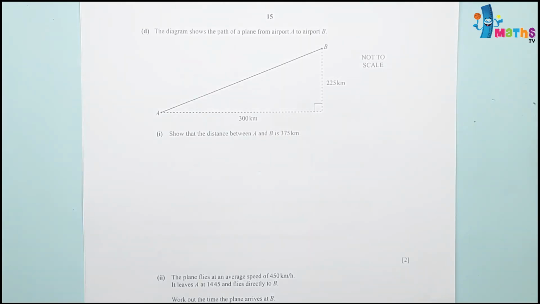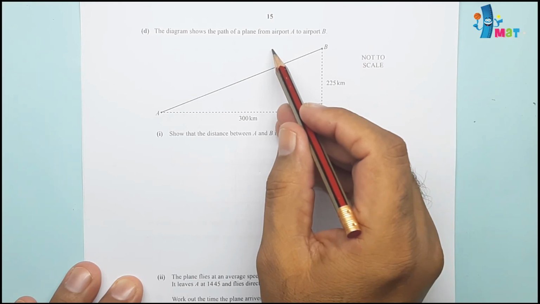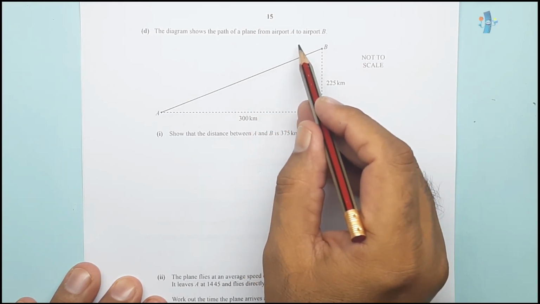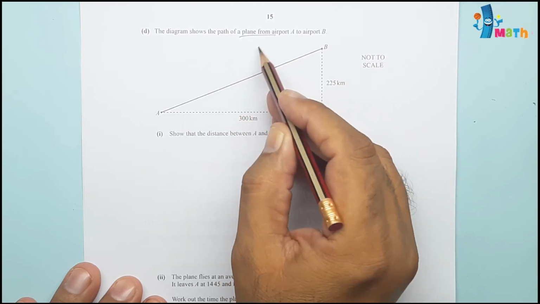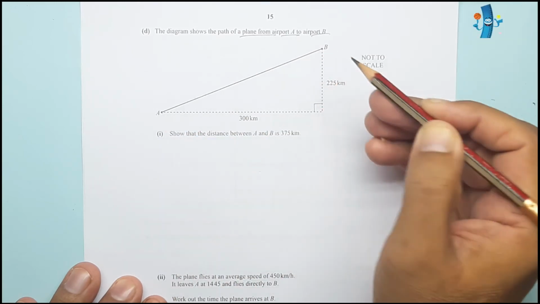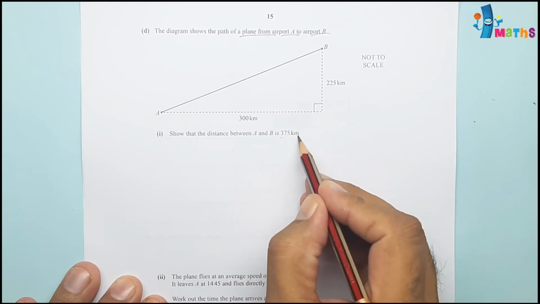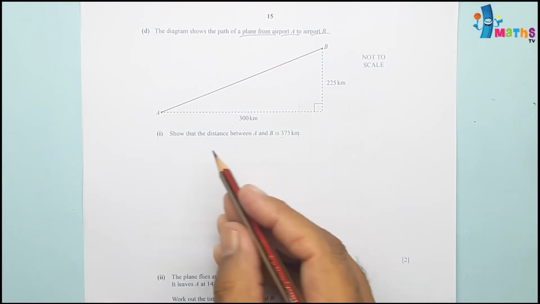Next, D part. D part is also a triangle. The diagram shows the path of a plane from airport A to airport B, and this is the direct route. Show that the distance between A and B is 375. We'll just apply Pythagoras theorem, and you know Pythagoras theorem is what?